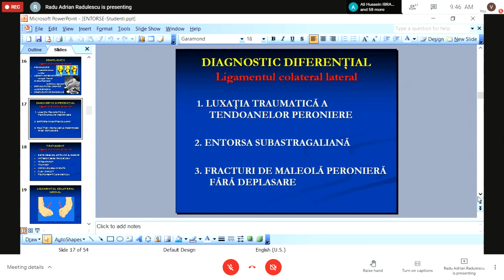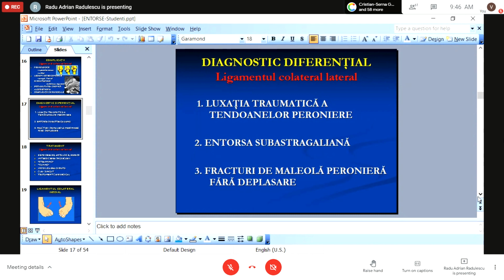Another differential diagnosis may be done with the subtalar sprain. Between the subtalar joint and the ankle joint there is a very small distance. To make a precise diagnosis between these two joints is sometimes impossible. Fortunately, the symptoms and the treatment are the same for the ankle and the subtalar joint.